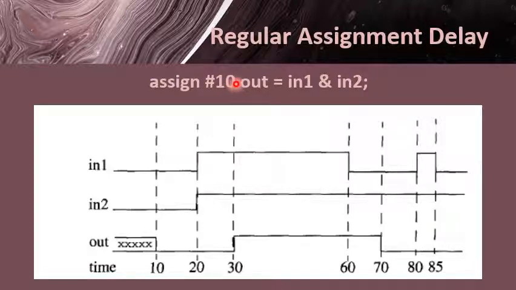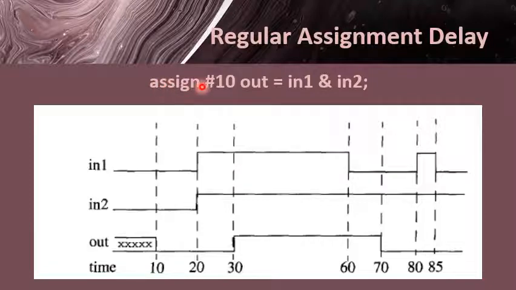When will this expression be executed? Whenever there is a change in the signal on the right hand side of this statement. The right hand side consists of in1 and in2. So whenever there is a change in the value of in1 or in2, this statement will be executed.